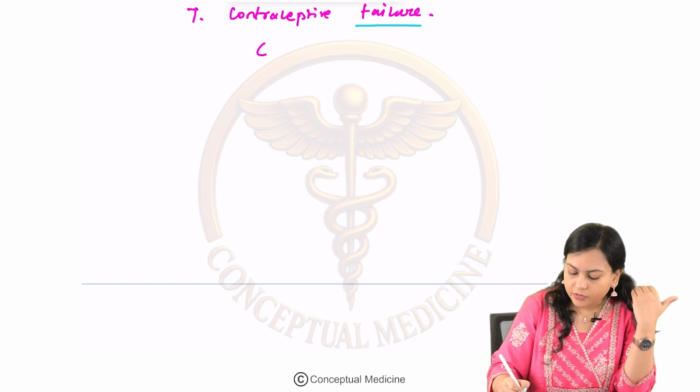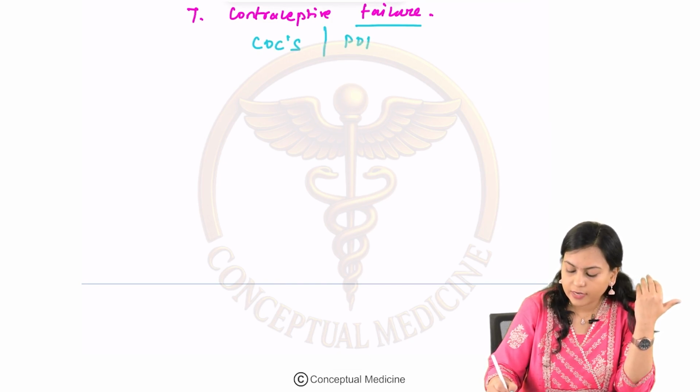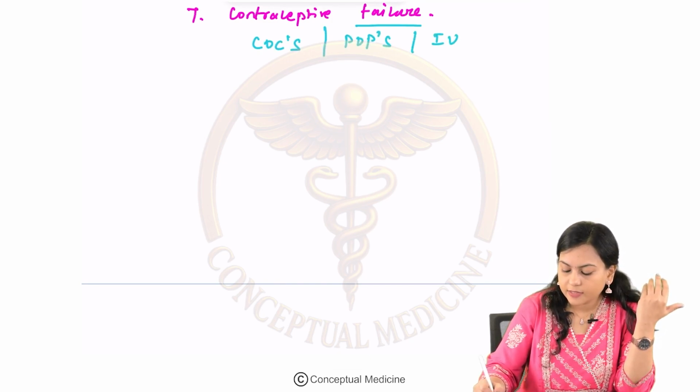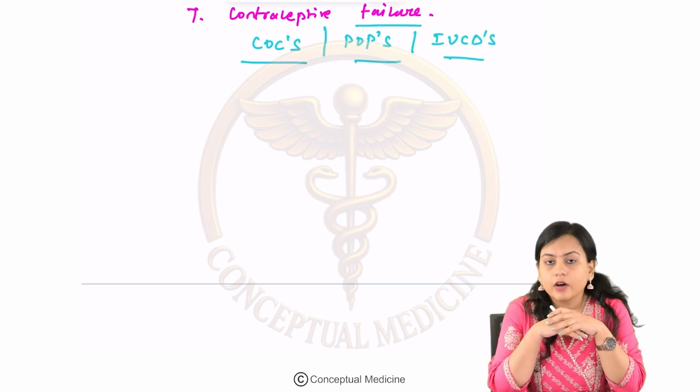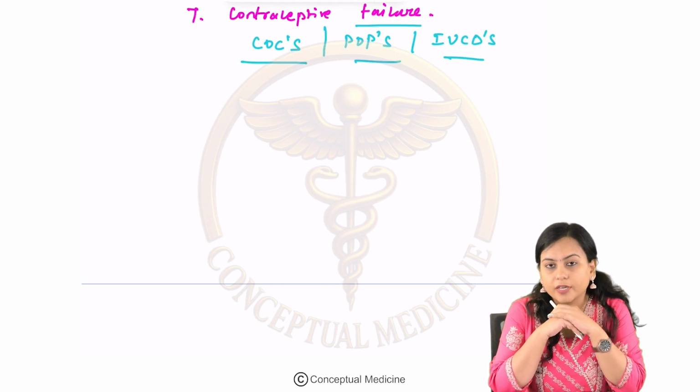So whatever it is, say it is combined oral contraceptive pills or progesterone only pills or IUCDs, in all these things we have one thing common. So we have a progesterone component. You accept that? Yes.